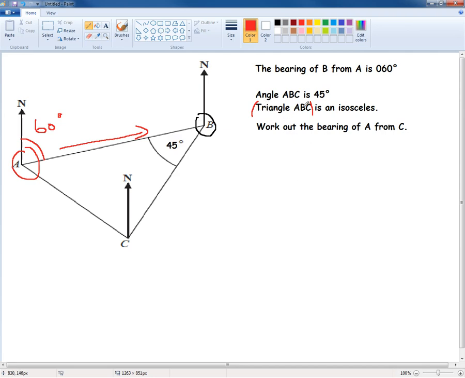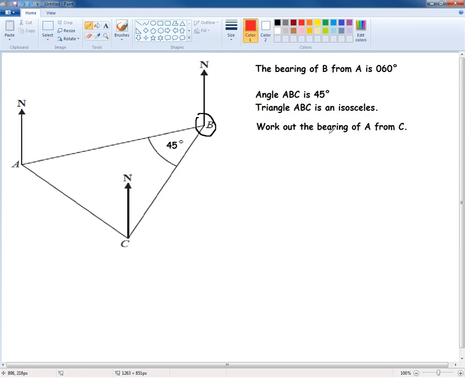The triangle ABC, this one here, is an isosceles triangle. Isosceles, from the Greek meaning equal leg, means two of the sides are the same, which also means two of the angles are the same. In our case, this length here and this length here are the same, which means this angle here is the same as this angle here.